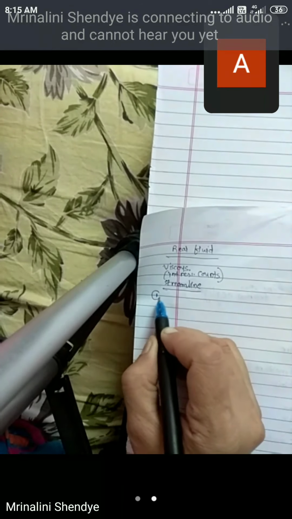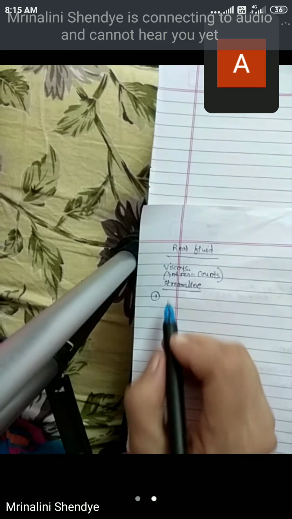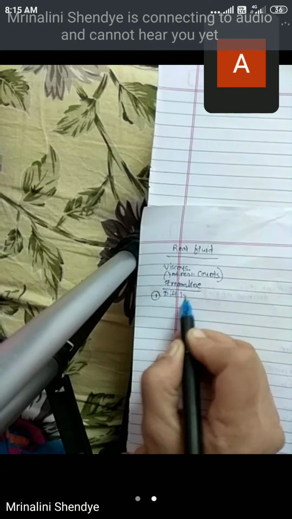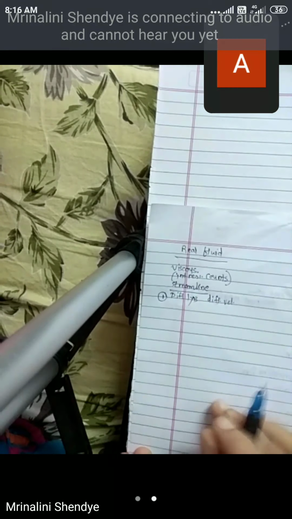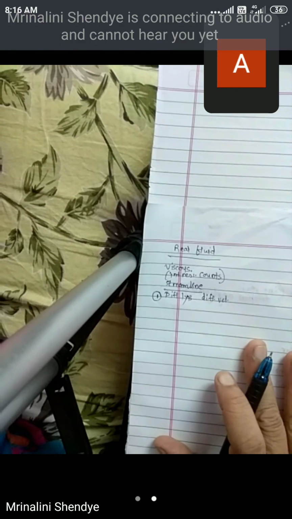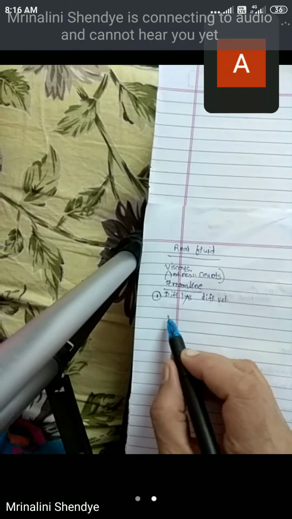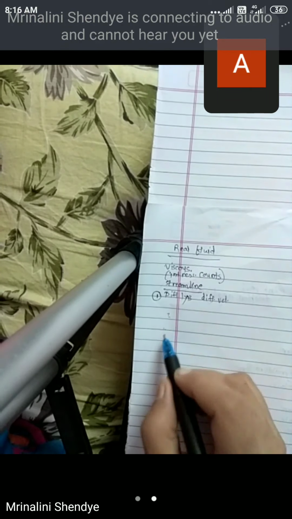So what happens in that streamline? Practically and experimentally it is proved that different layers move with different velocities. The velocity is not the same for all. Always a certain opposition is offered by the fluid to relative motion between the adjacent layers.